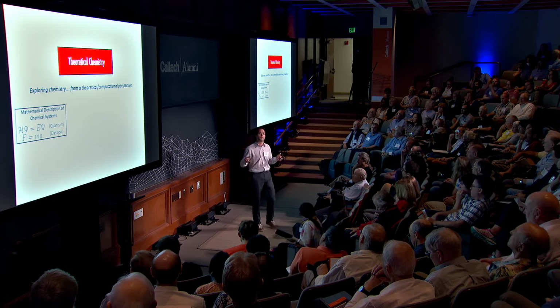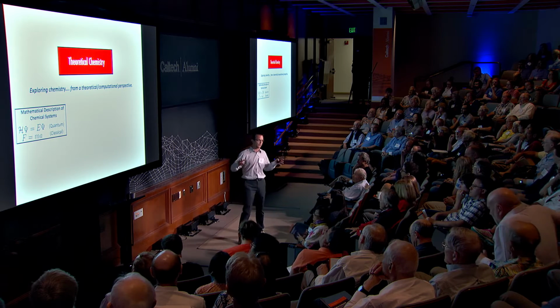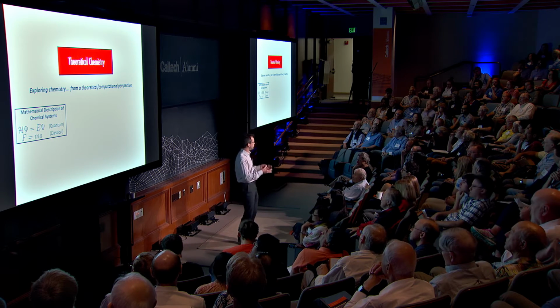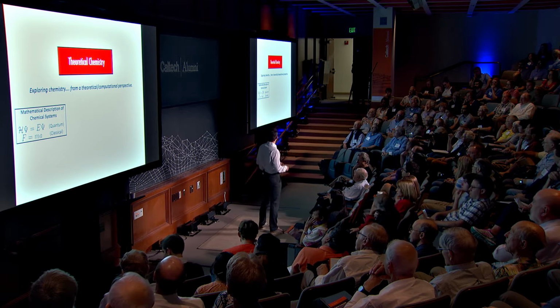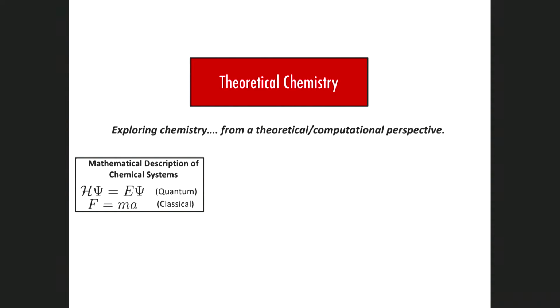So the essential mode of operation that we employ is to start from the underlying equations of motion, the underlying physics that govern this overall field, which are for nuclei, essentially classical mechanics in most cases, and for electrons are essentially the Schrodinger equation. We use these underlying physical equations, we build algorithms and mathematical models to describe different chemical problems.